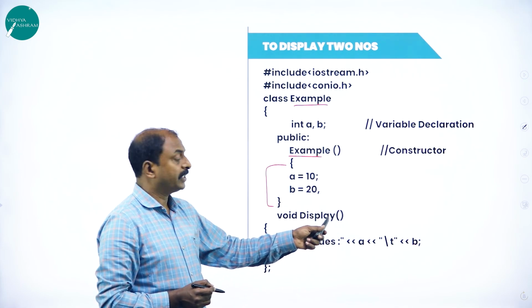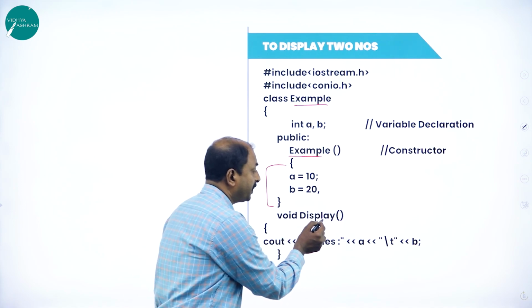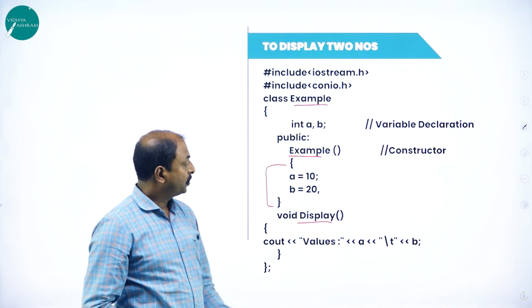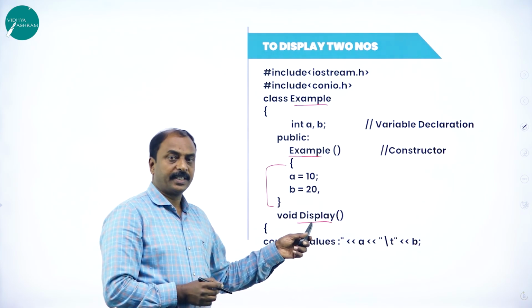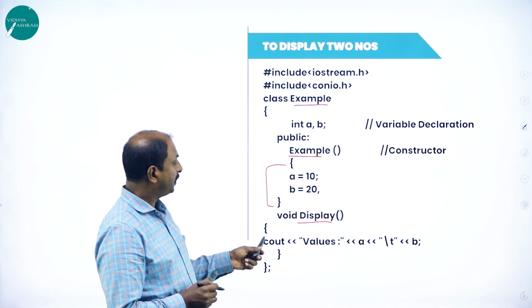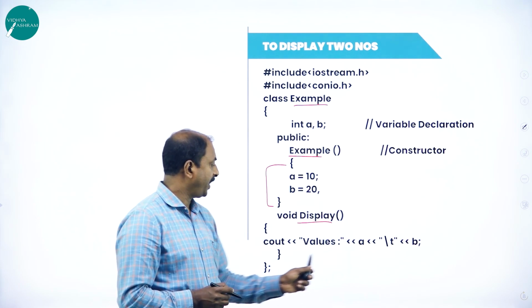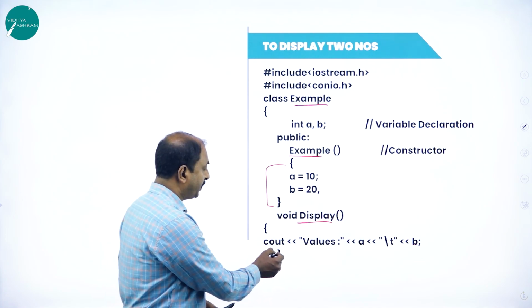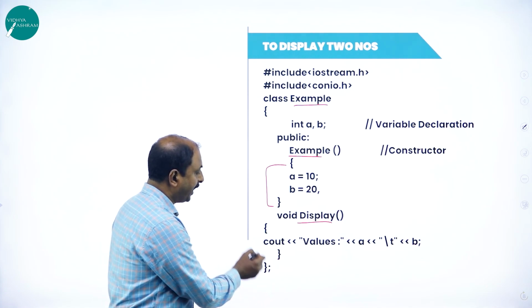This is not a constructor because the function name here is display, while the class name is example. So this cannot be a constructor. It is a normal function. Under this we are displaying the values of a and b with cout, closing this function here. Then we are closing the class here.